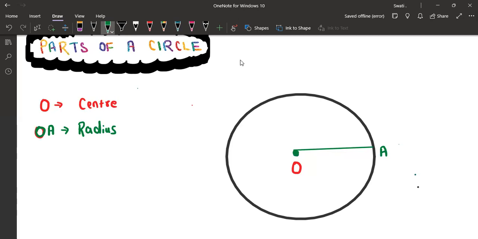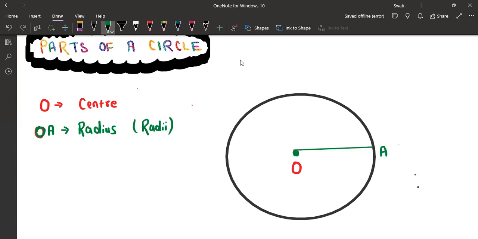The answer is infinite. When you're talking about more than one radius, we use the plural word, which is radii. So I'm going to write that down.